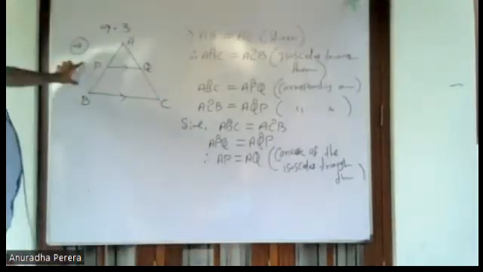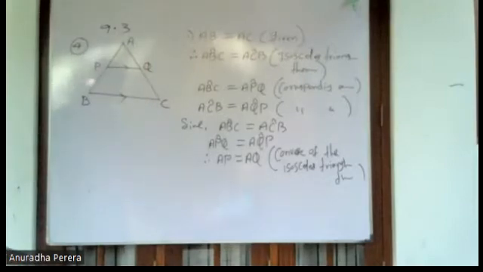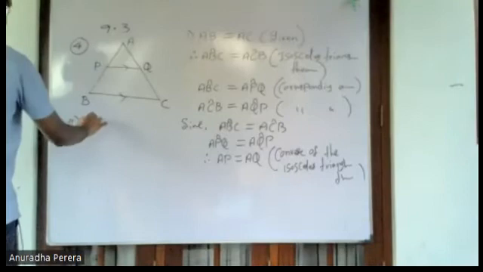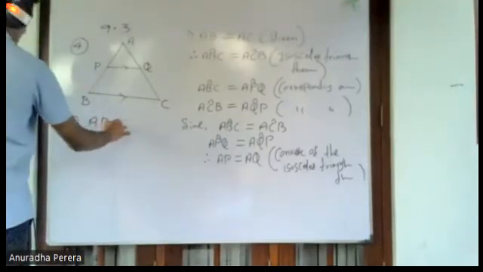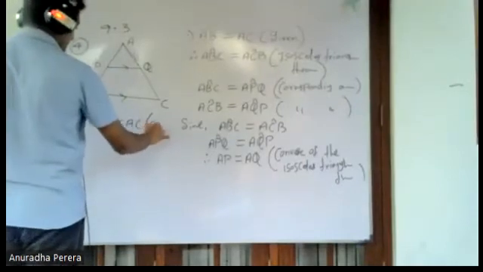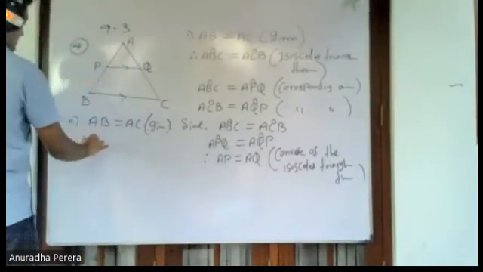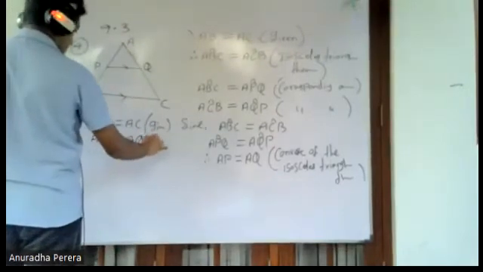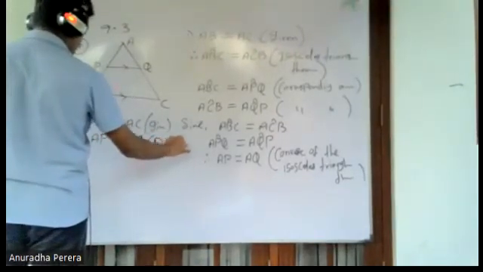And the second one, BP equals CQ. Very easily you can prove it. We know AB equals AC. It is given. And AP equals AQ. Already proved. Right?